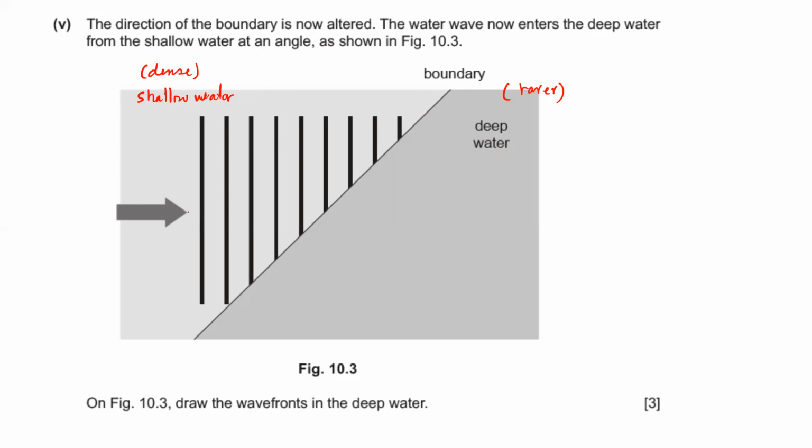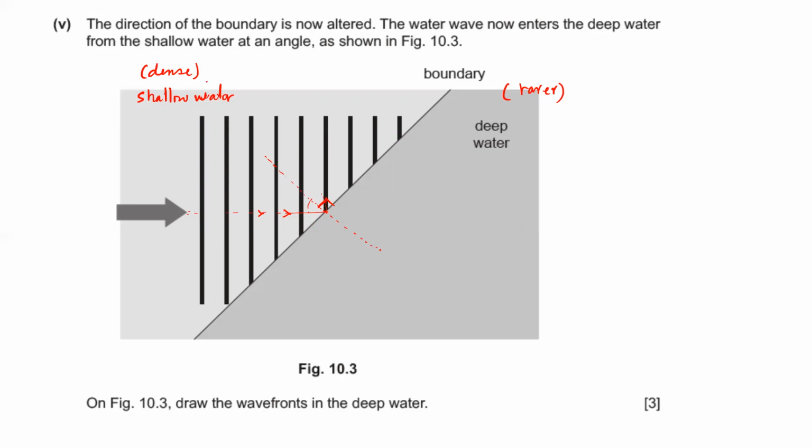Your wave is going in this direction. The best way is to draw a perpendicular here. So this is now the angle of incidence of the wave.